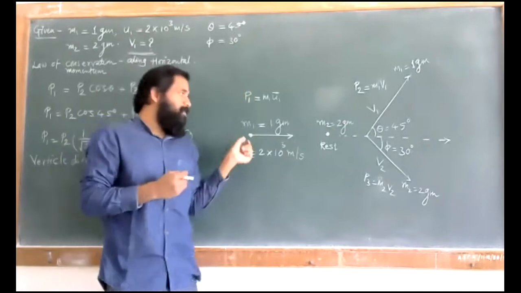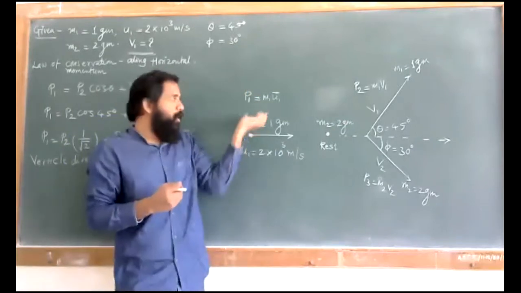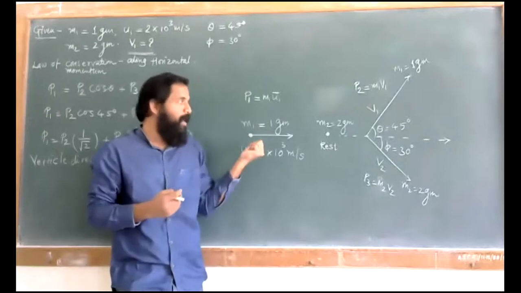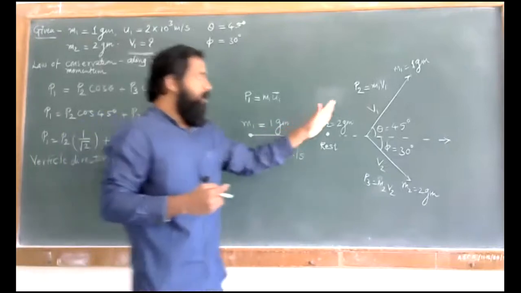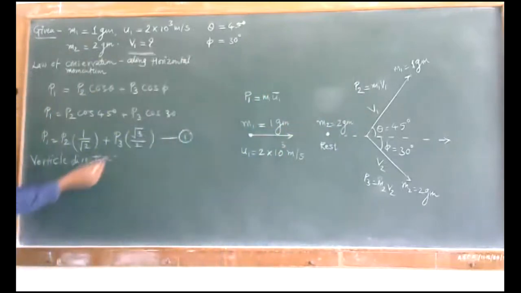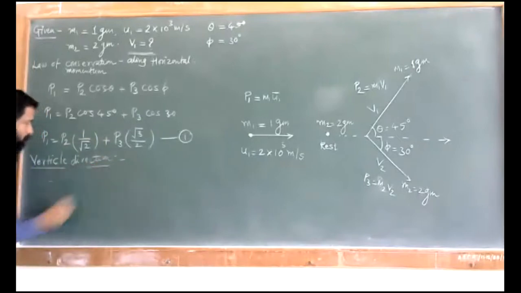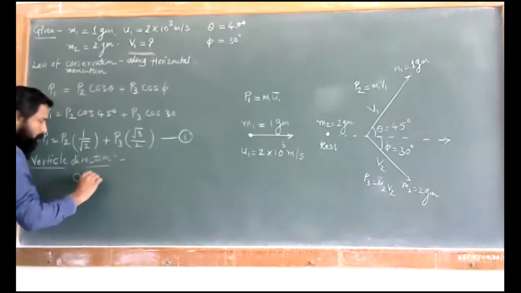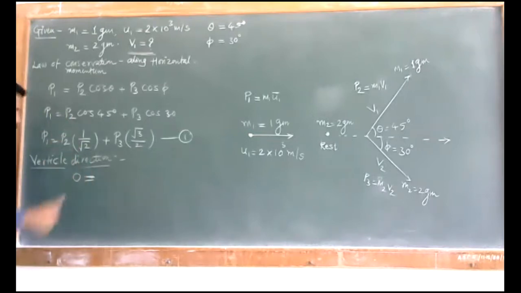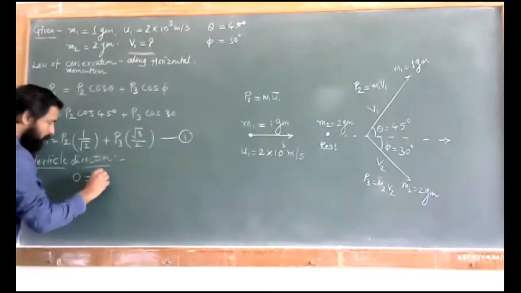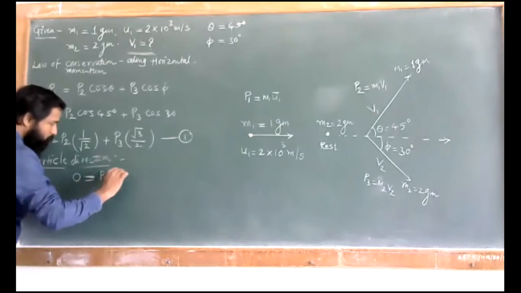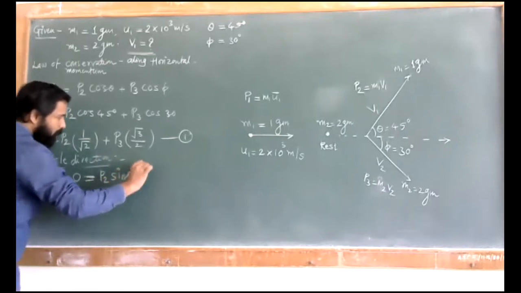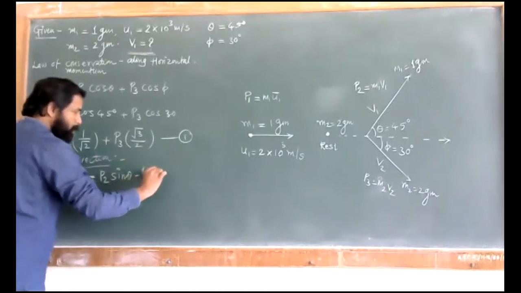Its sine angle is 0, so its momentum along the y direction is 0. The second particle is at rest, so it doesn't matter. Before collision the momentum along the vertical direction is 0, as there is no motion in the vertical direction. So 0 is equal to P2 sine theta minus P3 sine phi.